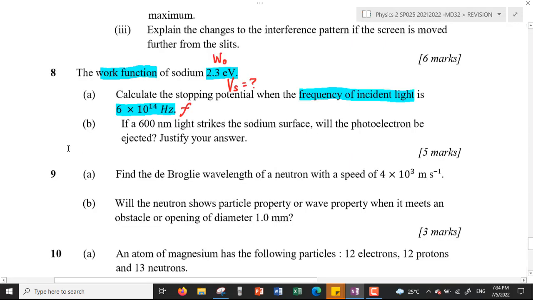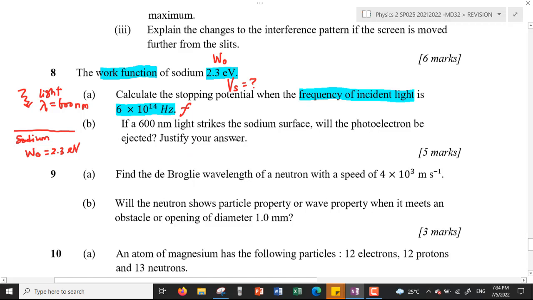Okay, question 8b. If a 600 nanometer light strikes on the sodium surface, so now I have a photon of light with wavelength 600 nanometer. I strike on the sodium, whereby the work function for sodium is 2.3 eV. So will the photoelectron be ejected?